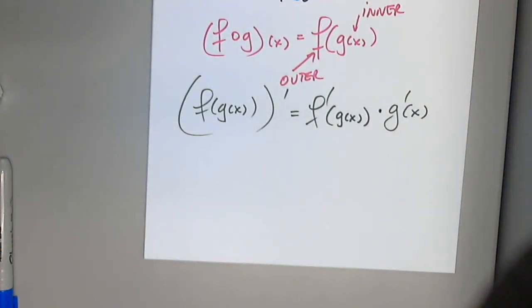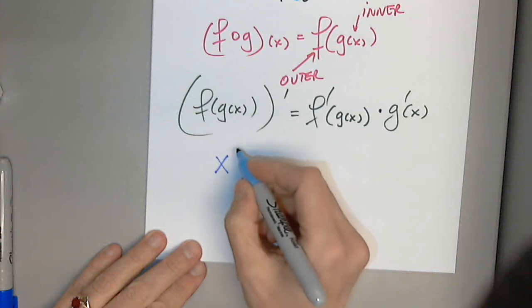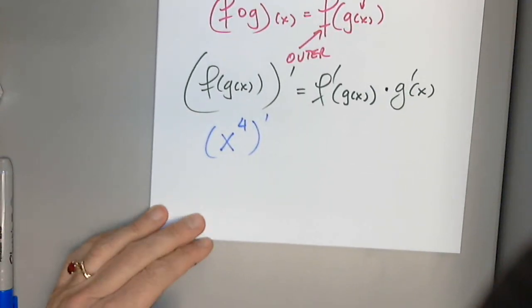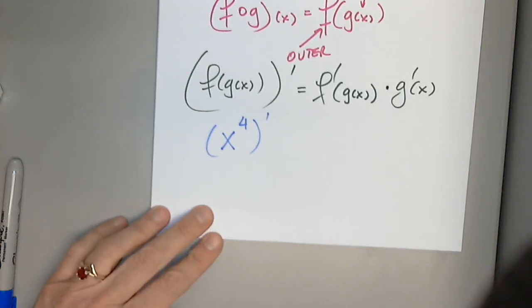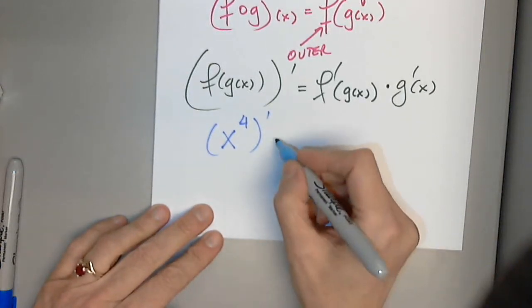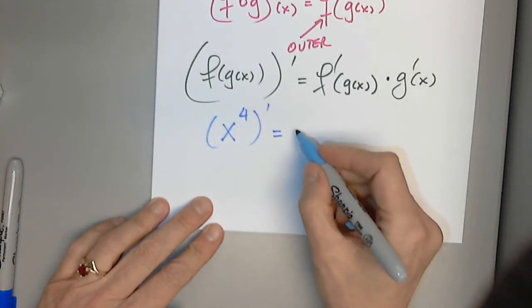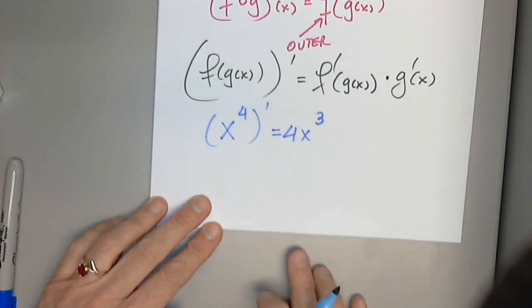Let's start with a simple example, and 2 minutes later we'll come back to that. So now let's say I want to differentiate x to the 4th power. And you can say there is no chain rule here. I agree, there isn't, although everything is a function composition. How will you differentiate this? Good.